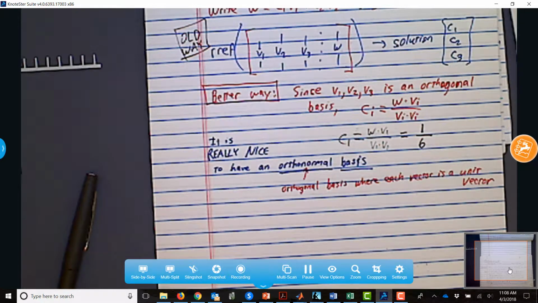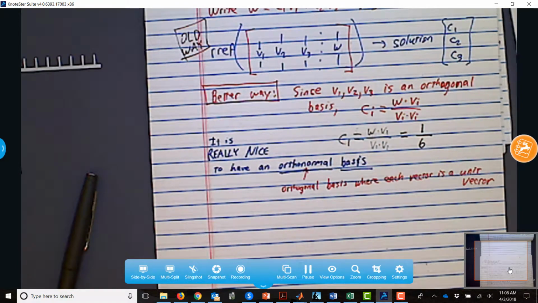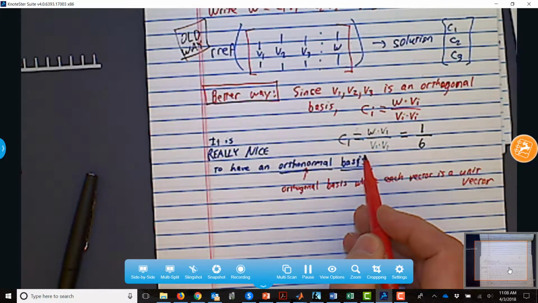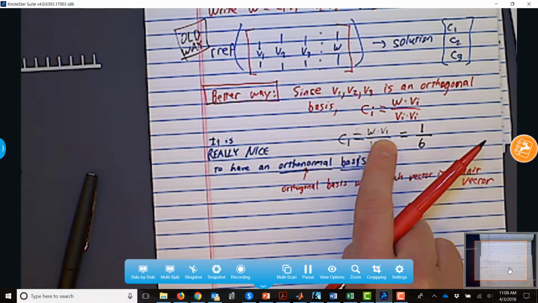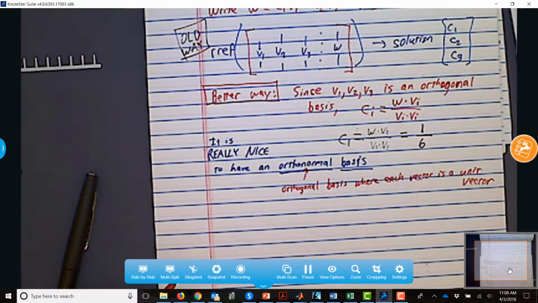So you multiply by the reciprocal of its length. And so it might not surprise you, when you look at this formula here, if V1 was a unit vector, what would the denominator be? Well, 1. And so you don't even have fractions anymore. I mean, this is really nice when you have an orthonormal basis. And that's kind of the point that the book makes.